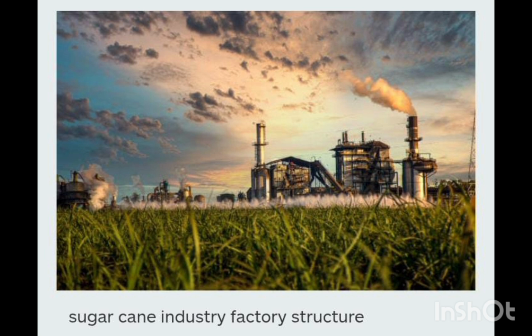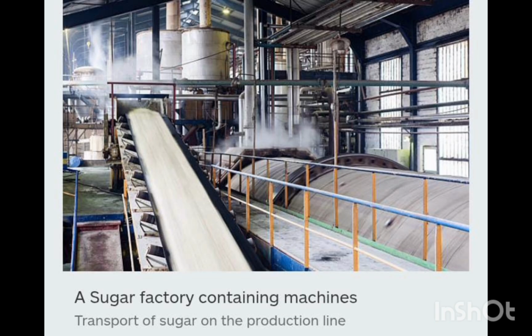During the process of sugar making, there are certain machines that are used to crush and also separate the residue from the main course that will be used to make our sugar.